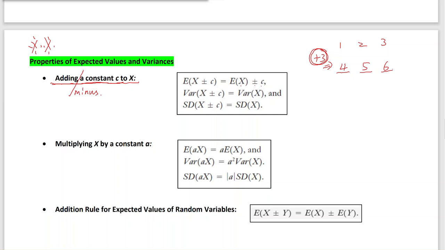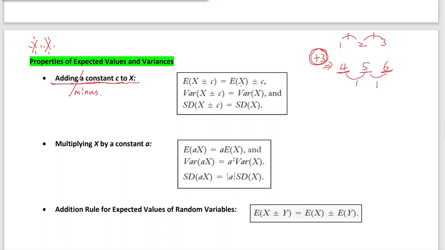The variance is about how these values are spread out. So think about our simple example. From 1 to 2, the deviation is 1. From 2 to 3, the deviation is also 1. When you add 3 to every value, you have 4, 5, and 6, and the deviation is still 1 and 1.